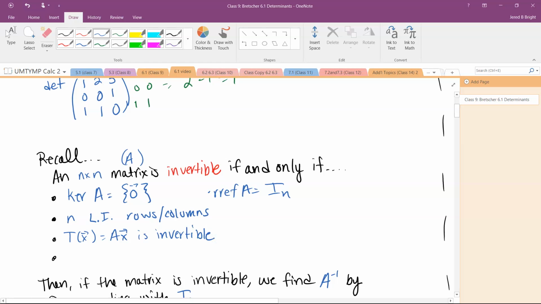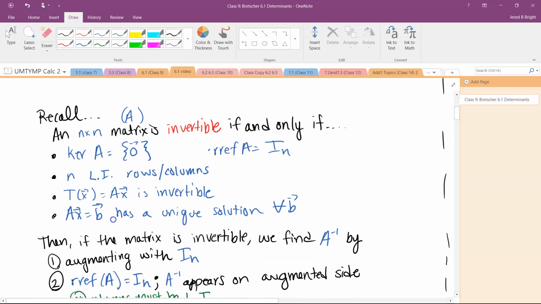And also, we would say that a matrix is invertible if and only if the equation Ax equals b vector has a unique solution for any b.